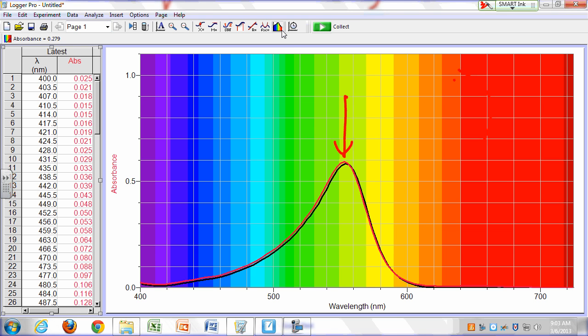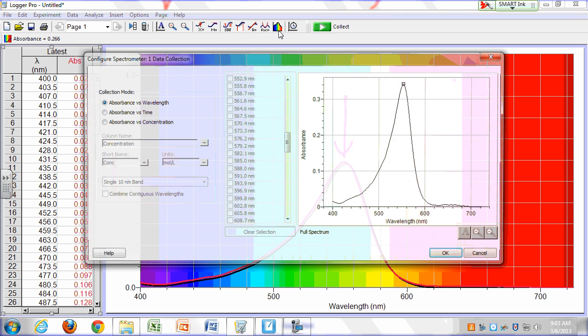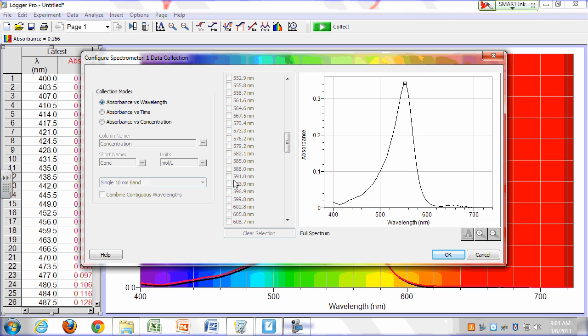When you go to the lab, when you do this experiment, go configure a spectrometer. You can select 553 as the wavelength where you're going to monitor your absorbance, so 552.9 is where you're going to monitor. So when you're doing your kinetics experiment, you got to be monitoring absorbance versus time, okay?